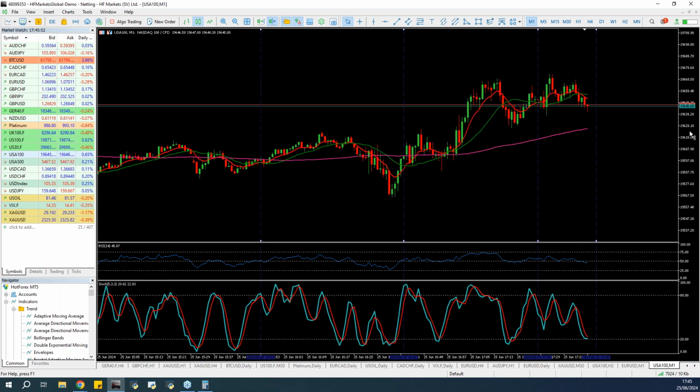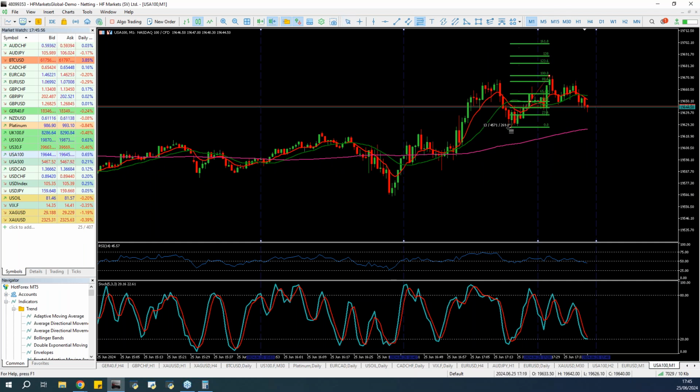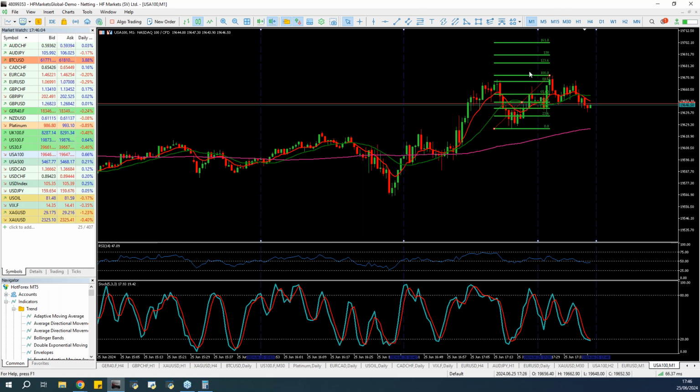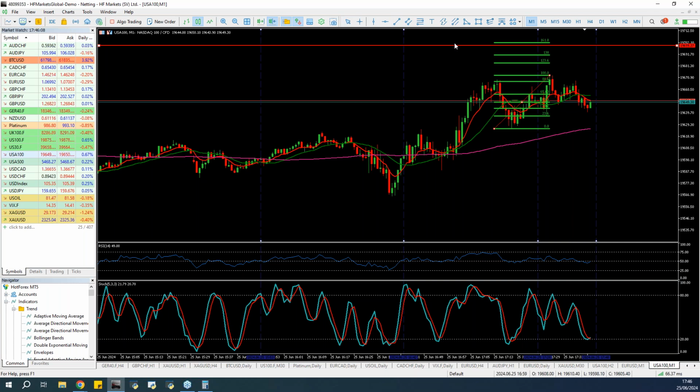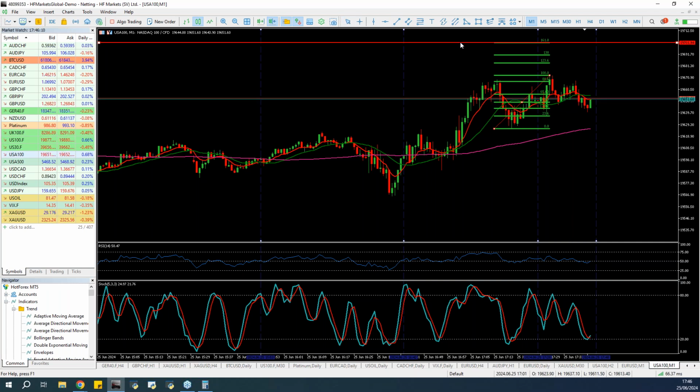Now, in terms of our targets, what can we take into consideration? What you can do is look at Fibonacci levels. For example, look at the impulse wave like I've just drawn there, and draw the Fibonacci based on the impulse wave. And you can use, for example, the 0.618.